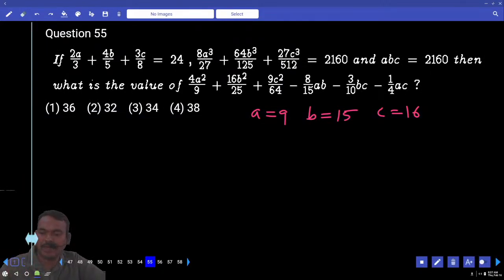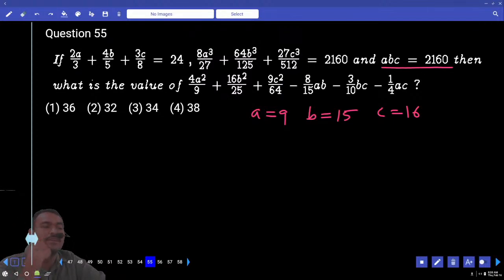And one more: what is the abc value? 2160. What is the sum of its digits? 9. So one value must be a multiple of 9. If you have taken the value 6, is it a multiple of 9? No. Obviously a must be a multiple of 9.